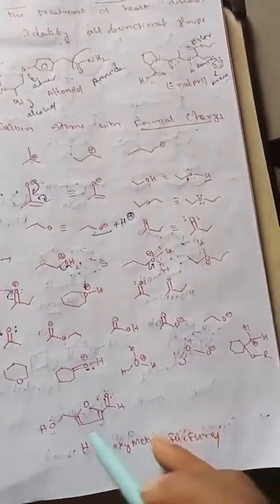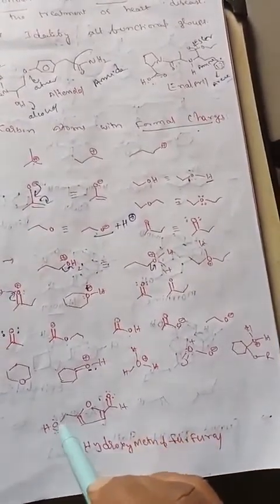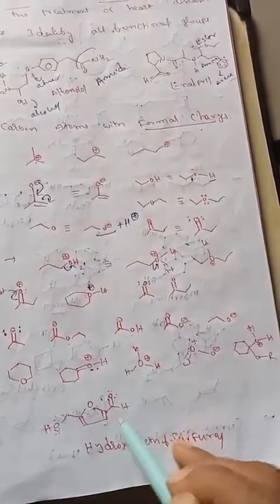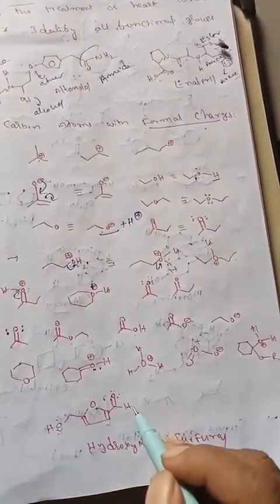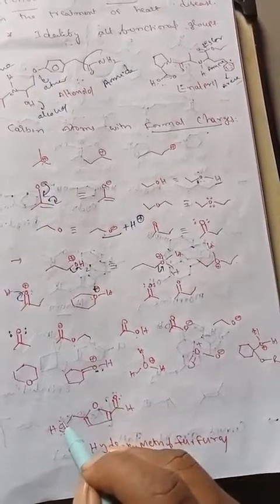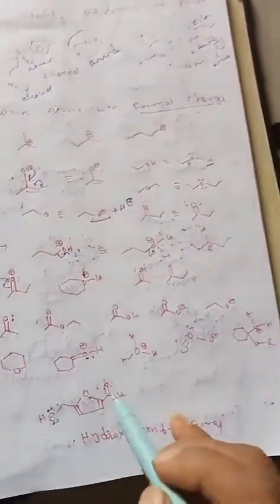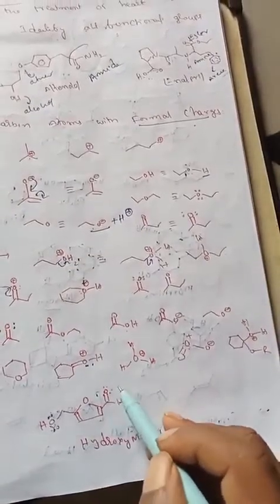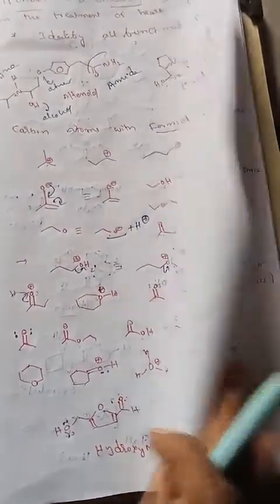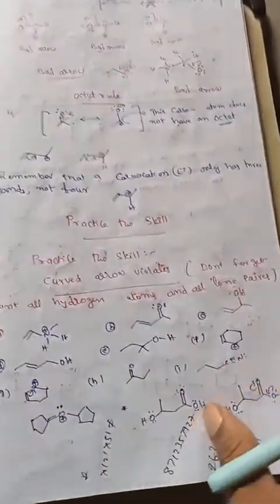Very important, you can see hydroxymethylfurfural is also one of the important ones. We will see that because this alcohol also has lone pairs of electrons and there is an aldehyde.